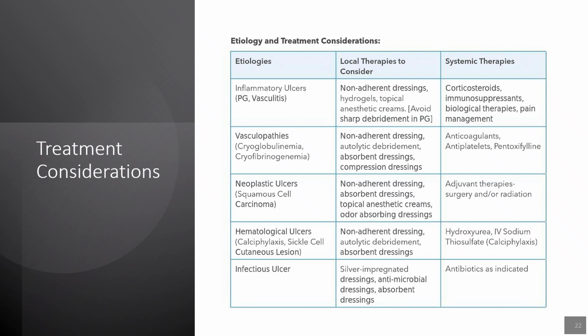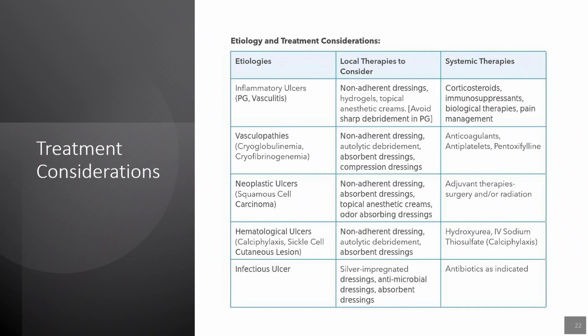Neoplastic ulcers or malignancies should be treated with non-adherent dressings, absorptive dressings, topical anesthetic creams, and odor-absorbing dressings, and systemic therapies should include surgical excision and/or radiation. In hematologic ulcers, non-adherent dressings, autolytic debridement, and absorptive dressings should be considered.